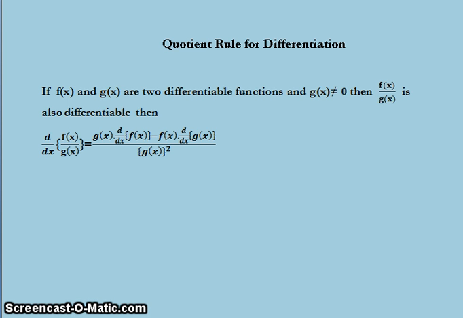Thus the derivative of the quotient of two differentiable functions is equal to denominator into derivative of numerator minus numerator into derivative of denominator, whole divided by the square of denominator. This is known as the quotient rule for differentiation.